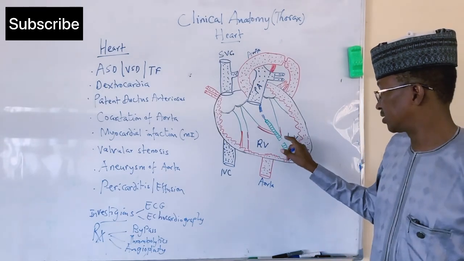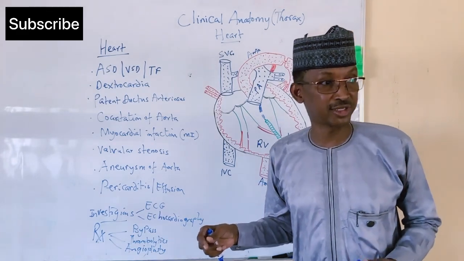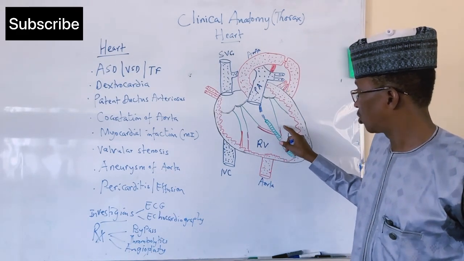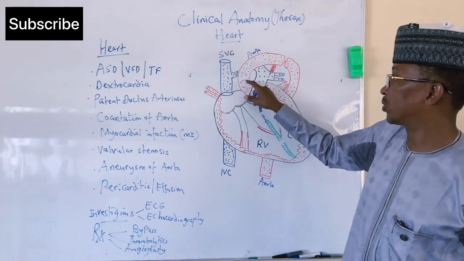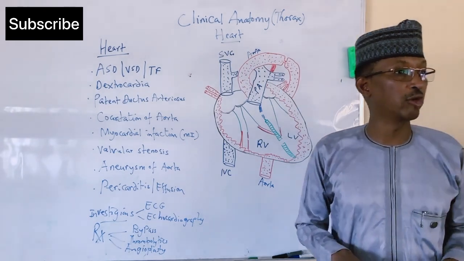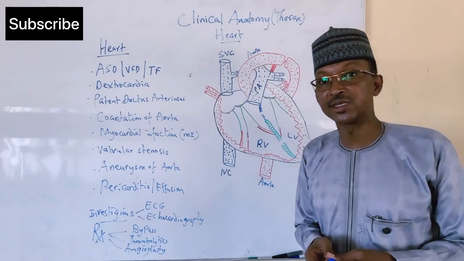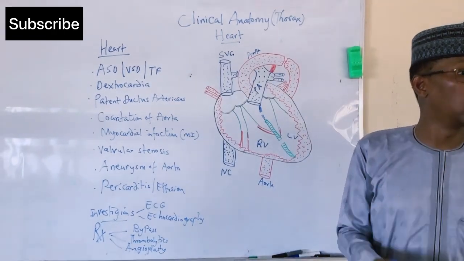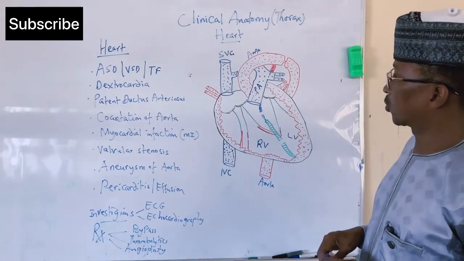So there may likely be cyanosis, because the deoxygenated blood, after it mixes with the oxygenated blood from the left ventricle, is directly taken through the aorta into different parts of the body. And so one may likely have a cyanotic appearance. The person is going to look blue on the body. So that is the ventricular septal defect.